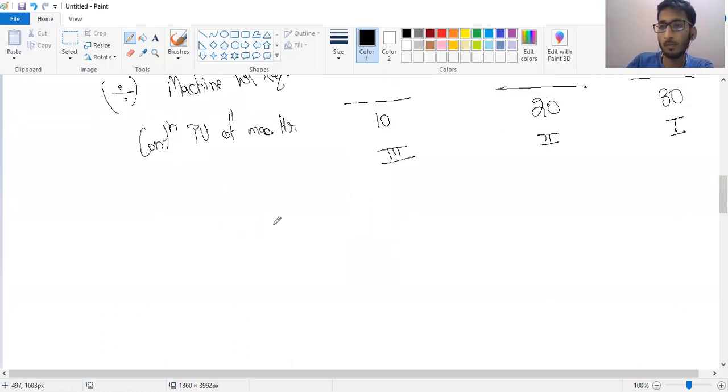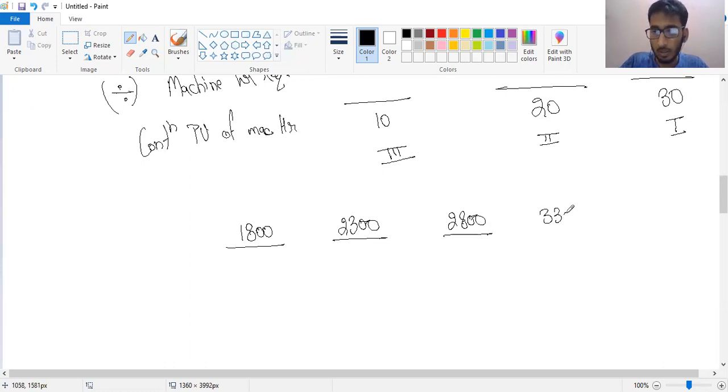Okay, so now let's see the different activity levels given to us: basically 1800, 2300, 2800, 3300.